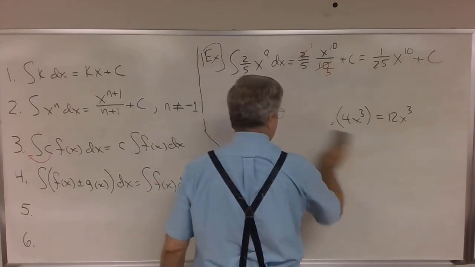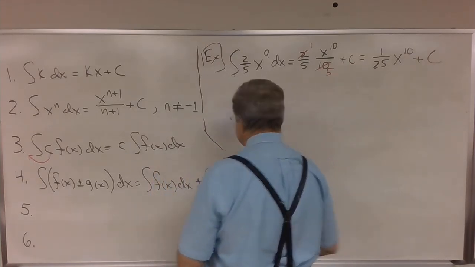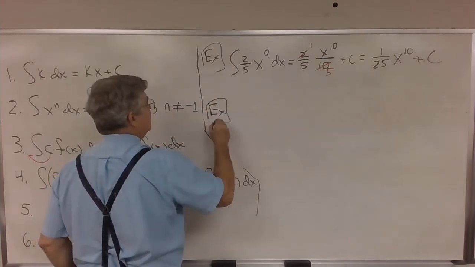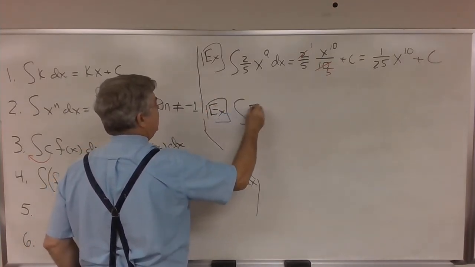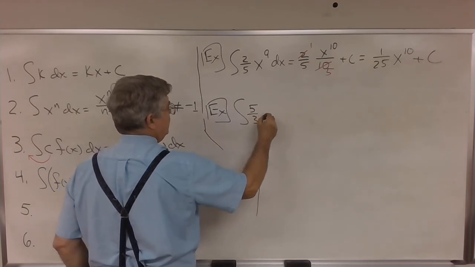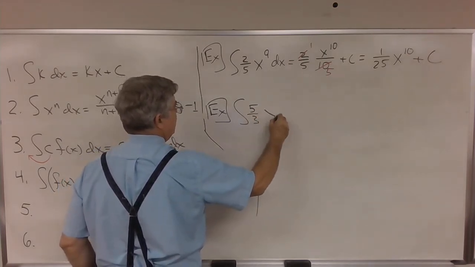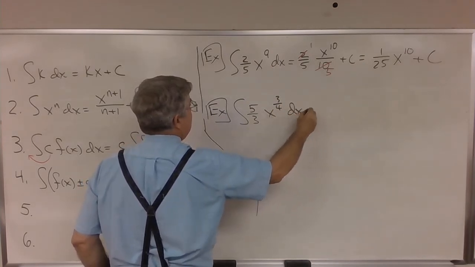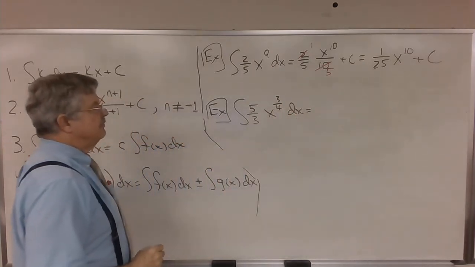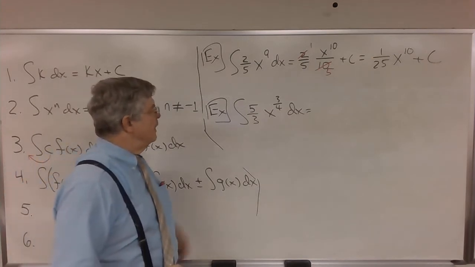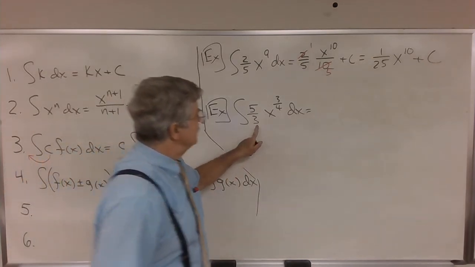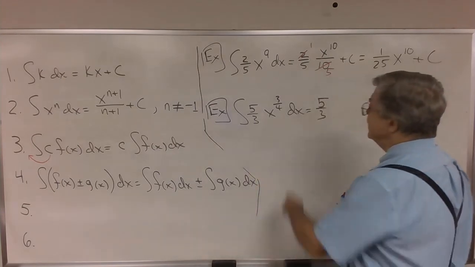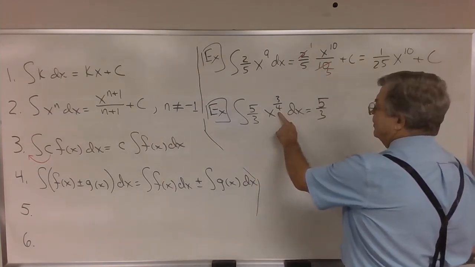Now let's do some more. Those were good examples. Let's do some more good examples. Let's see, will these cancel out somehow or not? I don't know. Let's write down the constant out front, 5/3. And now we're going to add 1 to the exponent.